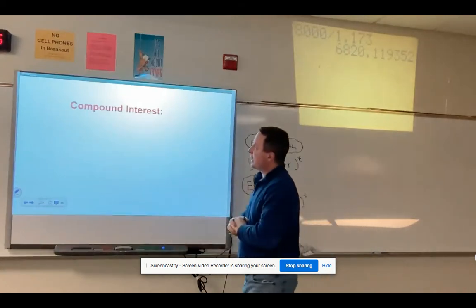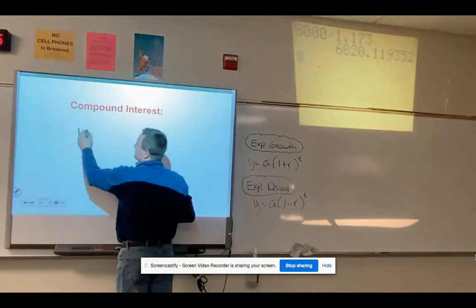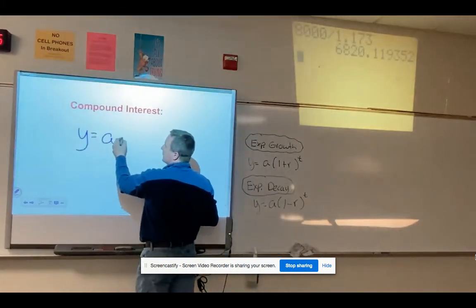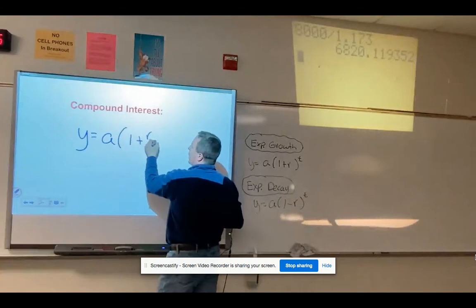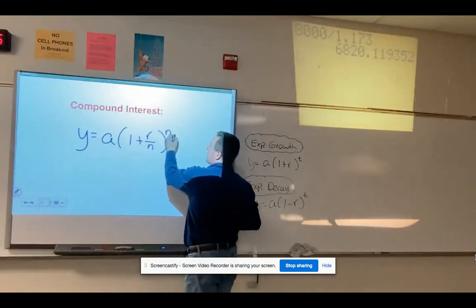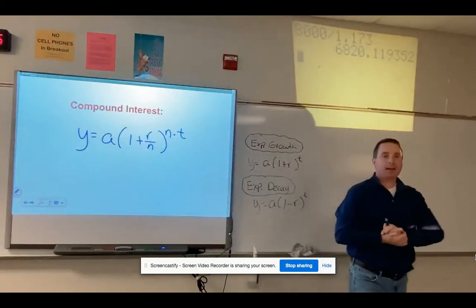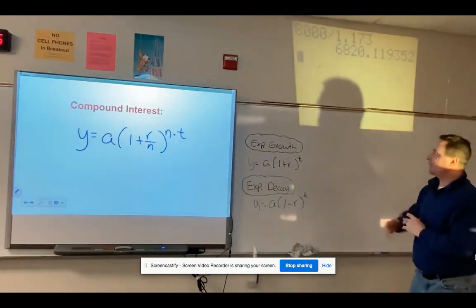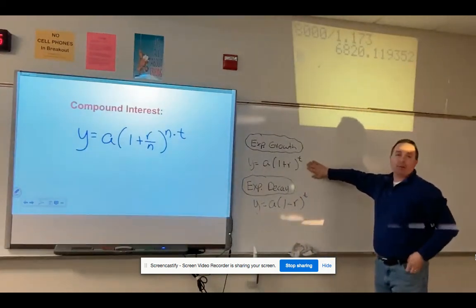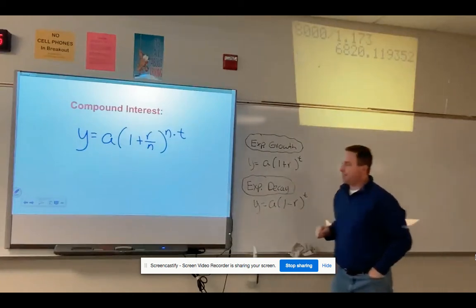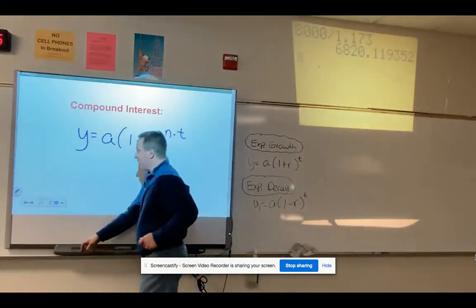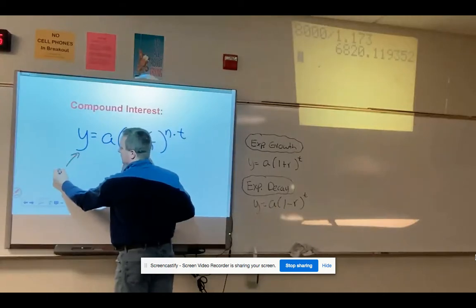Well, there's this compound interest formula. It looks like this: A times 1 plus r over n raised to the n times t power. That might be worth writing down somewhere. It looks very similar to this exponential growth problem. Many of the parts have the same meanings.